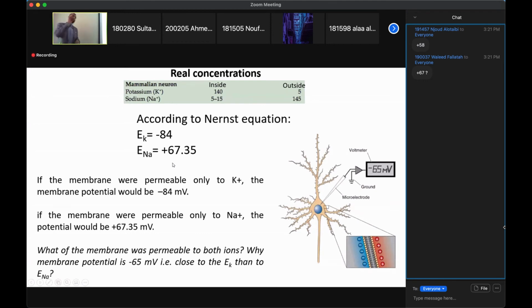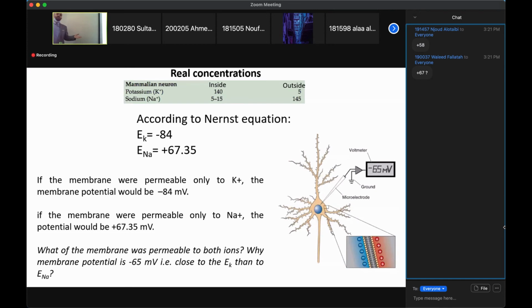Now, if the membrane was only permeable to potassium, the resting membrane potential would be equal to the equilibrium potential for potassium. If it was only permeable to sodium, the resting membrane potential would be equal to the equilibrium potential for sodium. So if it was only permeable to potassium, it would be around negative 84 millivolt, and if it was only sodium, it would be positive 67.